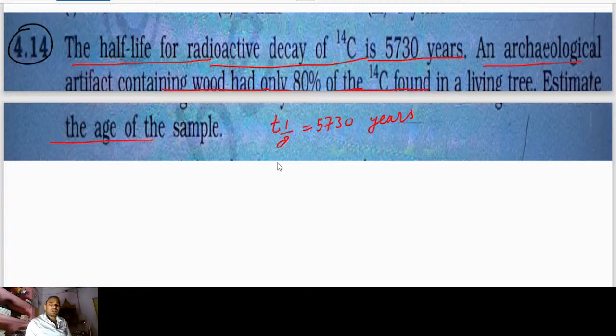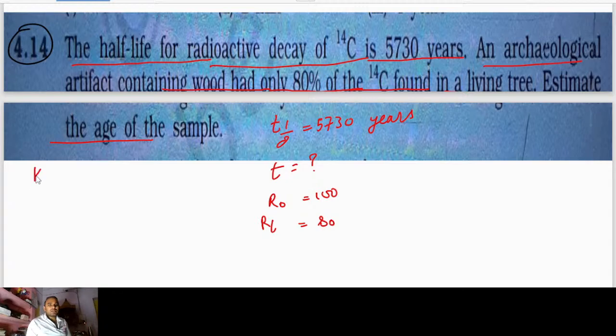So T they are asking, student, and if you are writing R naught, suppose it is the 100%. So RT, how much is left, student? That is only 80% is there, means 80 is there. So first of all we should calculate K, student.